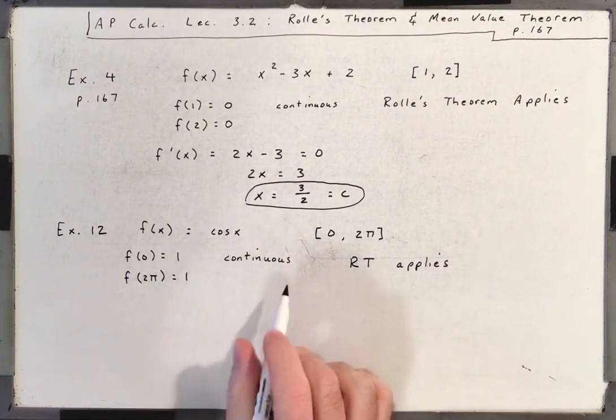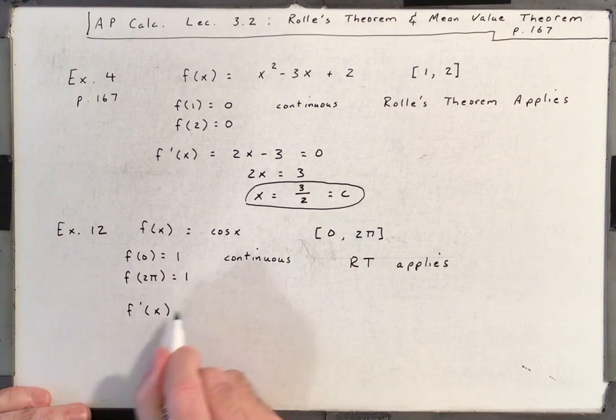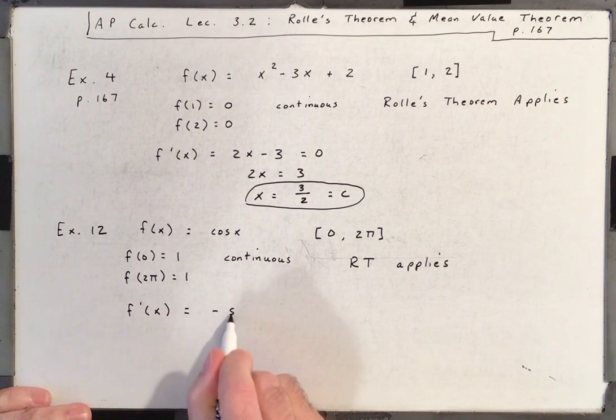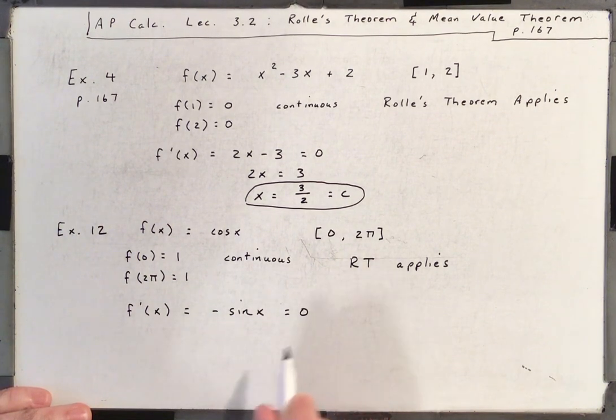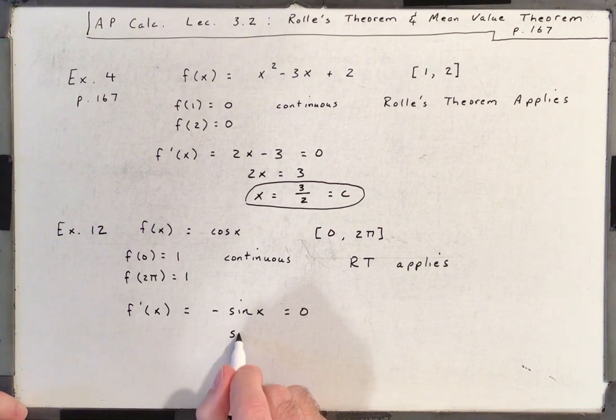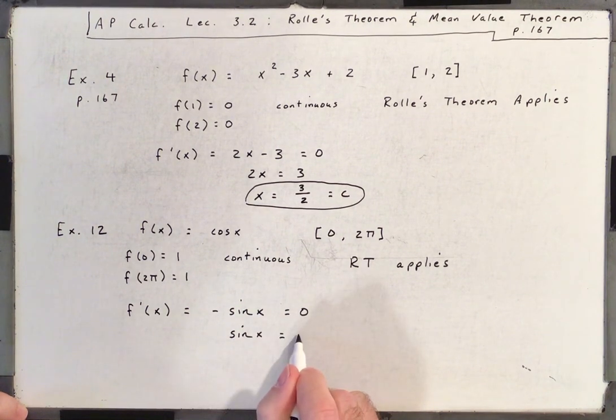So now let's go ahead and take the derivative. F prime of x would be minus sine x. And we're going to set that equal to 0. Divide both sides by a negative. Sine x is equal to 0.